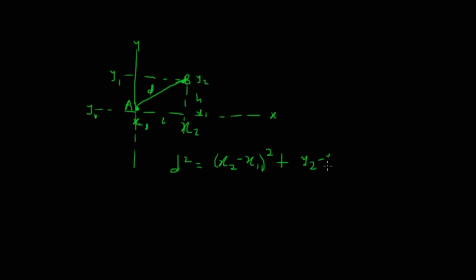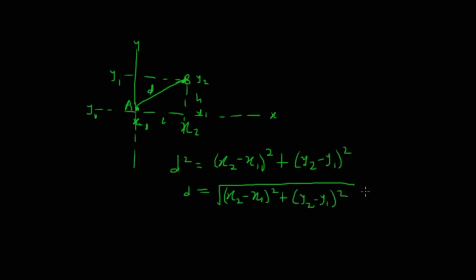Now the distance from point A to B is equal to the square root of (x2 minus x1) squared plus (y2 minus y1) squared.